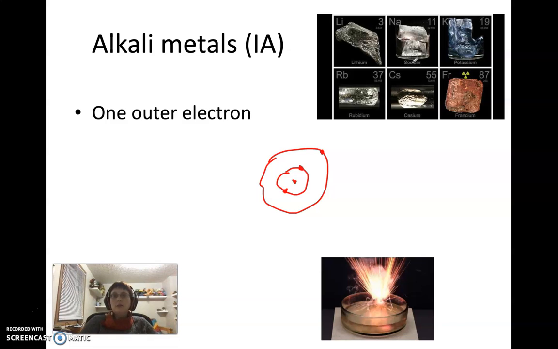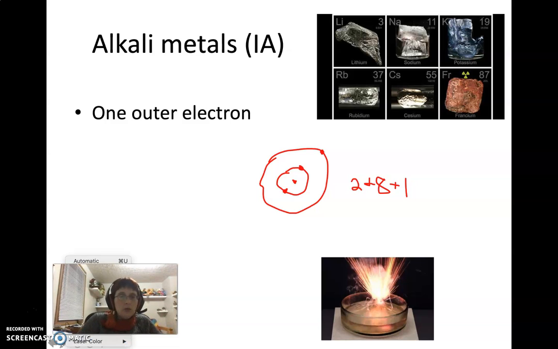The same is true for sodium: the first shell holds 2, the next shell out can hold 8, and then the next shell out will hold 1. So it would be 2, 8, and then 1 for sodium.